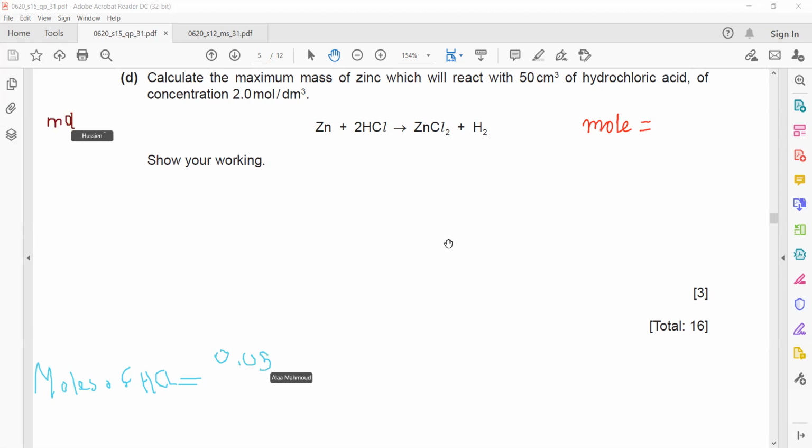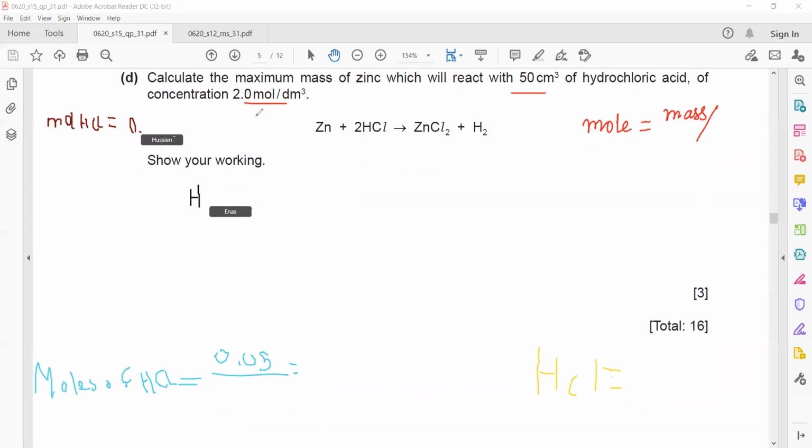So even directly, instead of converting the hydrochloric acid, HCl is an acid and the concentration is there, so it cannot be divided by 24. It should be concentration into volume, because for acid, alkali, salt solution, this 24 is valid for gases only.